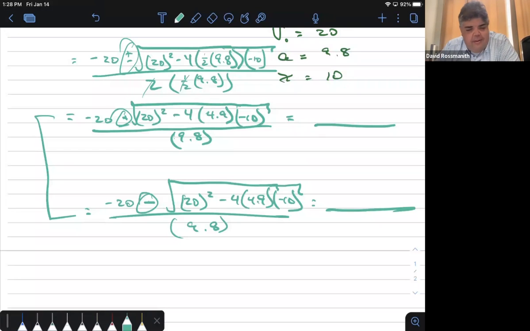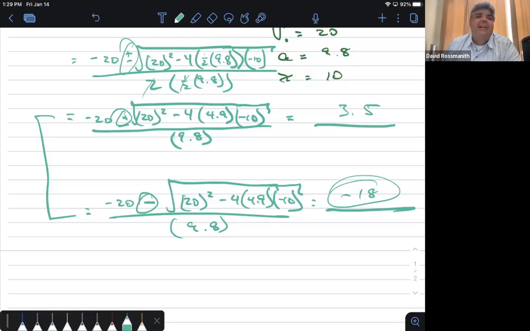Well, in physics, since we're not just mathematicians here, we're actually getting real world answers. One of the answers makes sense and the other one doesn't. For instance, one of them may be 3.5, like I said, and the other one might be negative 18. Well, we know if what we're talking about here is time, there's no such thing as negative time.